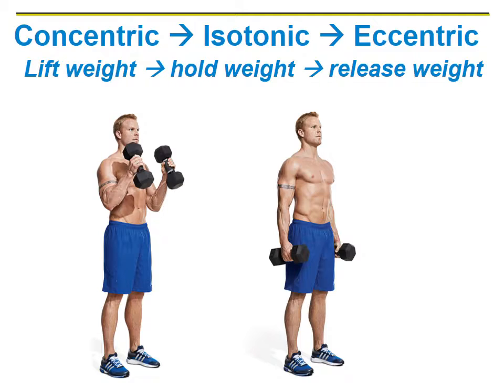This is isometric contraction. Now, you slowly put the weight back down in a controlled manner. You are able to control the movement because you're still generating tension while the sarcomeres are lengthening. This is eccentric isotonic contraction.